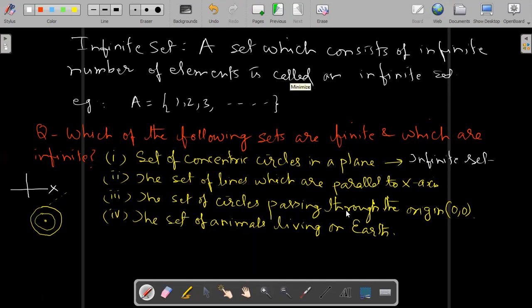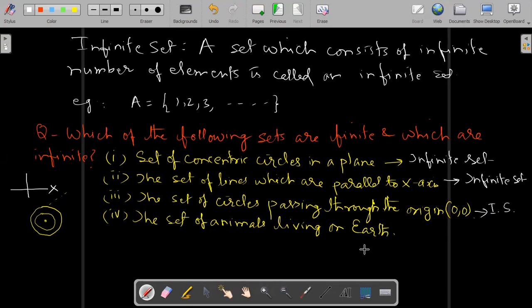So it is also an infinite set. Then the third one, set of circles passing through the origin, is also an infinite set.